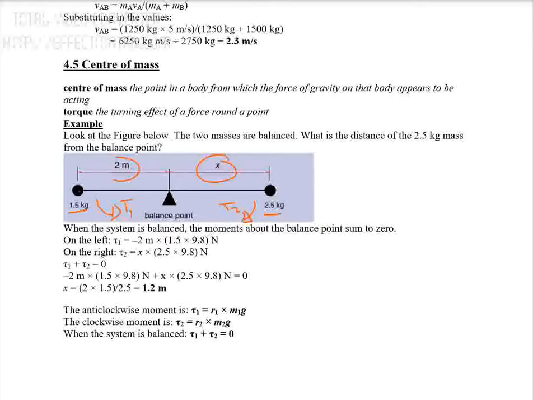Therefore, T1 we make negative because it's anti-clockwise. Finally, the sum of the 2 torques is equal to 0 because it's balanced. Torque 1 is equal to torque 2. So minus 2 times 1.5 times 9.8 is equal to x times 2.5 times 9.8.